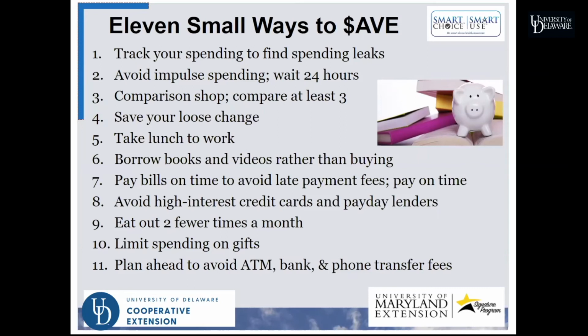Avoiding impulse spending and waiting 24 hours is another great strategy for saving money. The whole idea of comparison shopping, we learned this as children, and we often do it for things. We often don't comparison shop for our health insurance or other services we're purchasing. So checking out what plans are out there and comparison shopping is an important step.